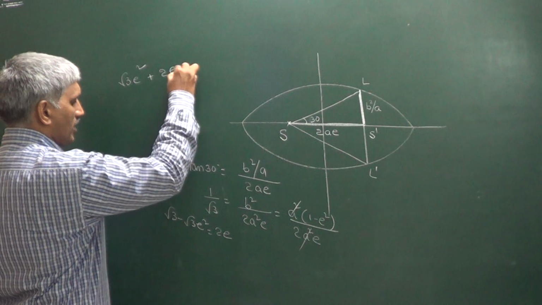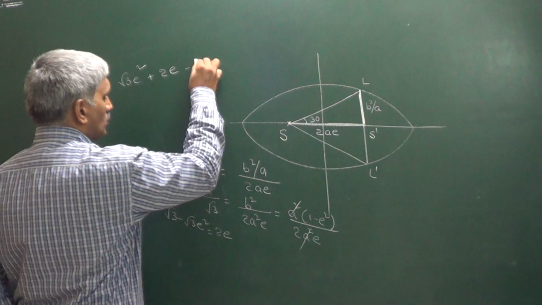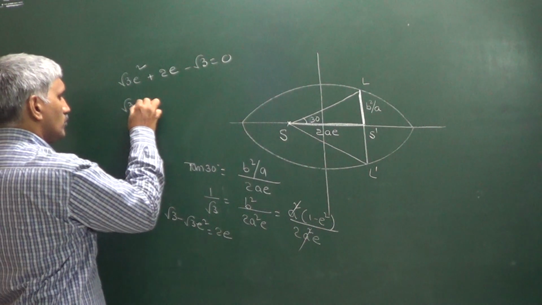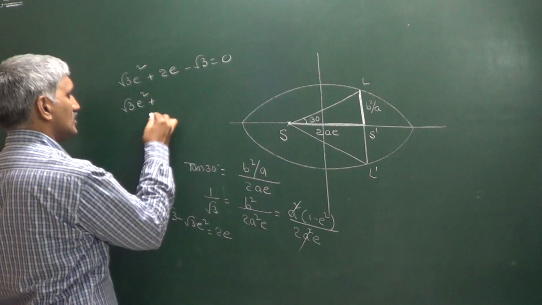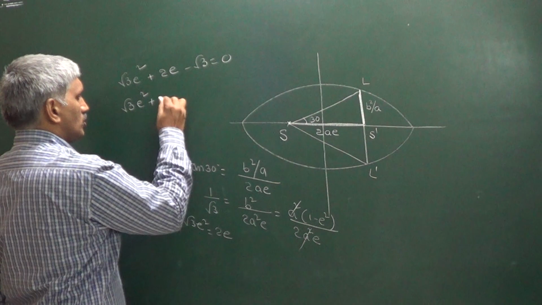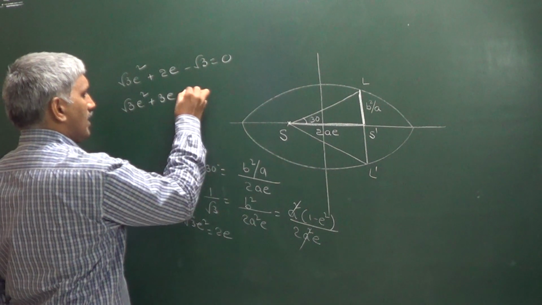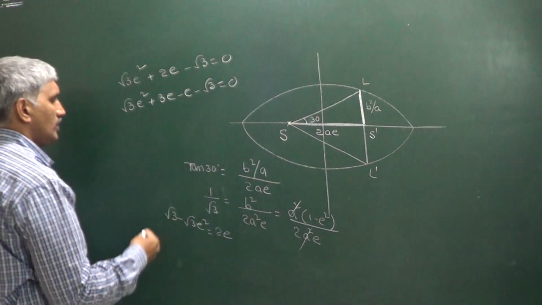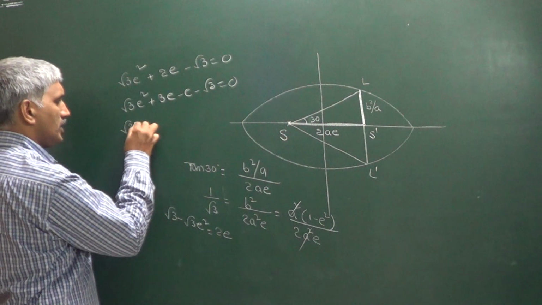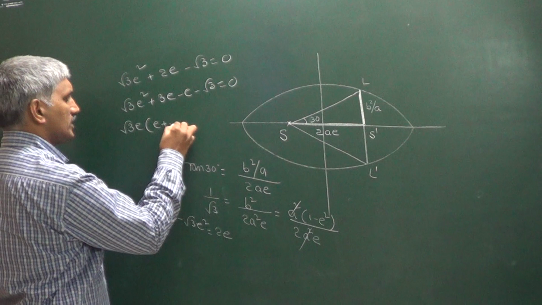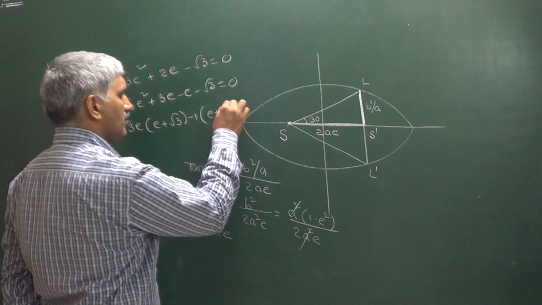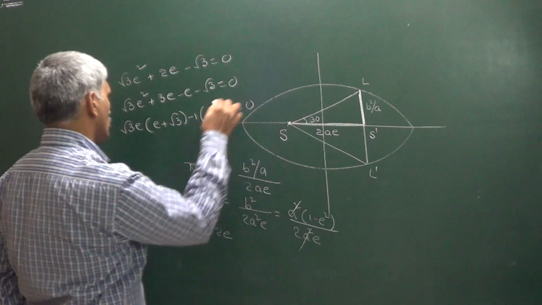Root 3 e square plus 2e minus root 3 is equal to 0. Then we will get root 3 e square plus 3e minus e minus root 3 is equal to 0. Therefore, if you take root 3 e common, then we will get (e plus root 3) minus 1 common, (e plus root 3) is equal to 0.